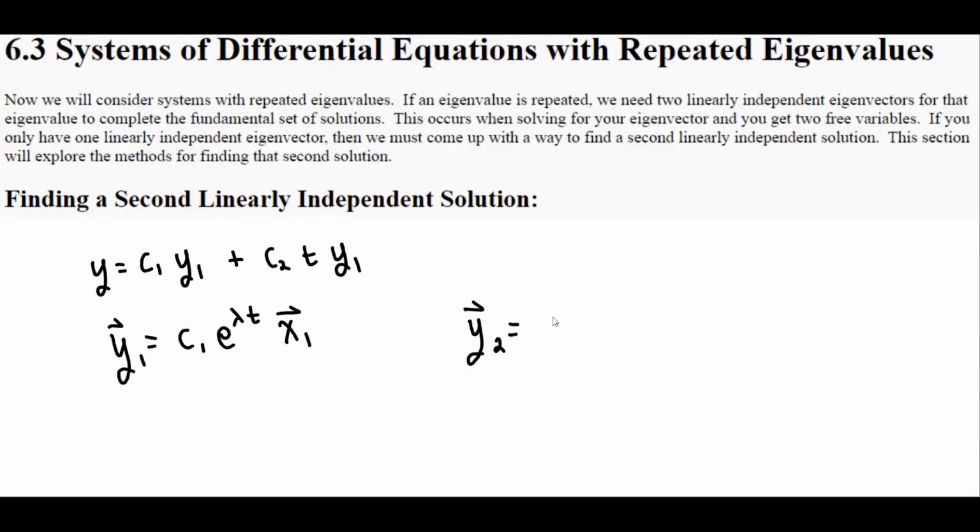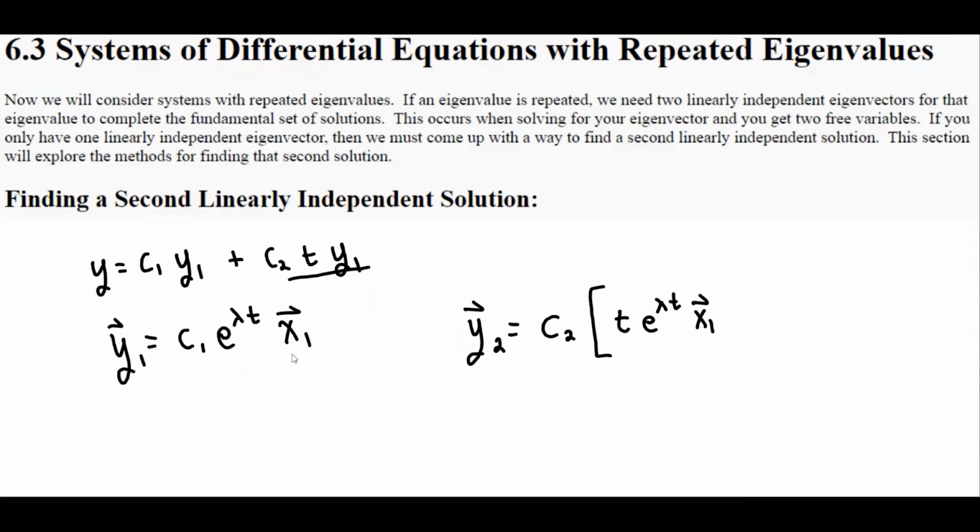The second solution is going to be kind of similar to what we did for second order. We're going to call it C2, a constant, times this big vector. We're going to have t e to the lambda t x1.